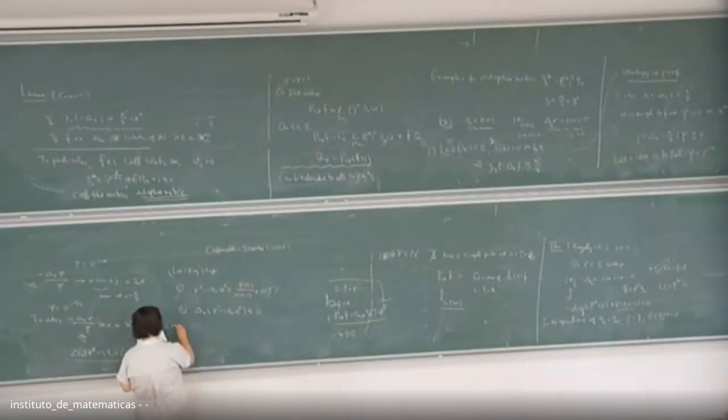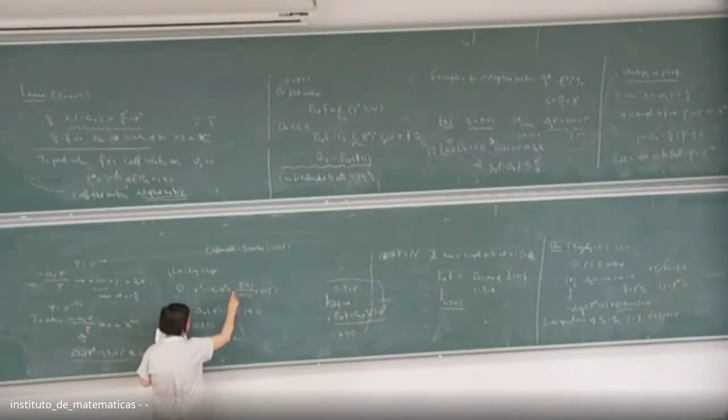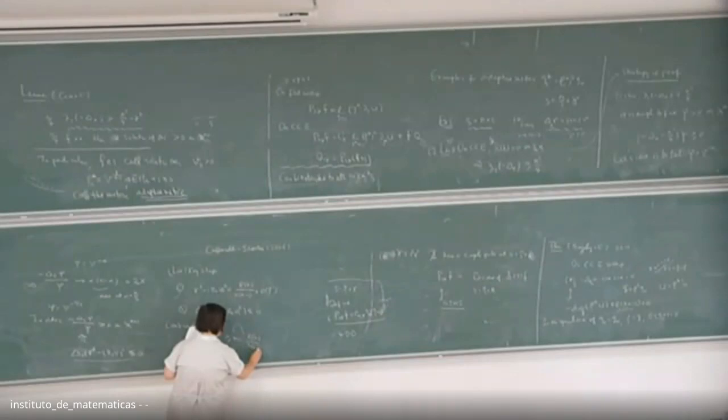So combine 1 and 2. I'm sorry, I'm a little bit lost. Combine 1 and 2. 1 has v squared minus this v squared, and the Laplacian is negative. And so that means the minimum of the function is on the boundary, and the minimum is greater than 0, the minimum of R on the boundary, which is positive.